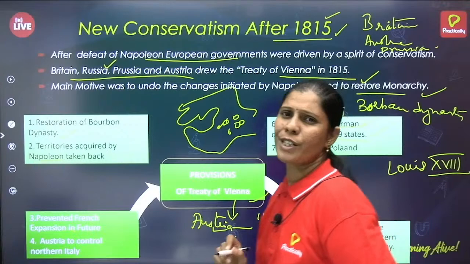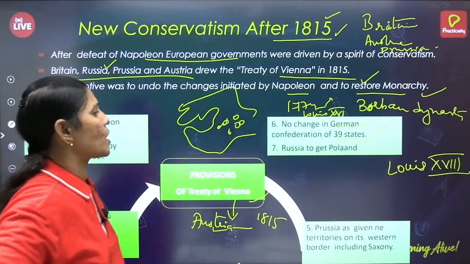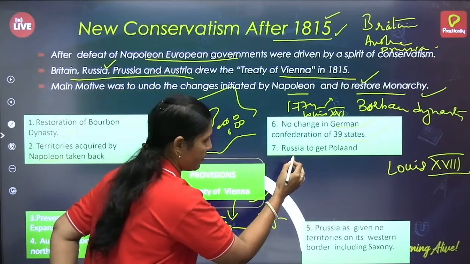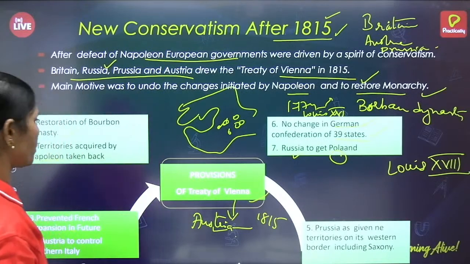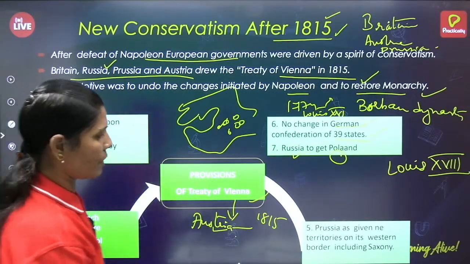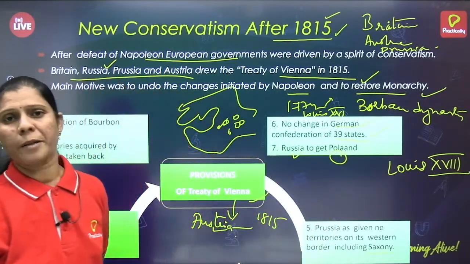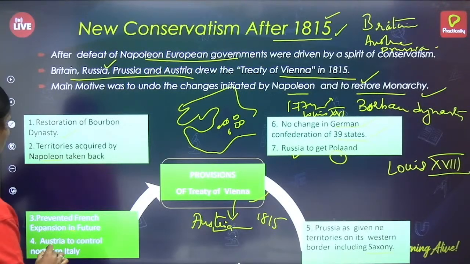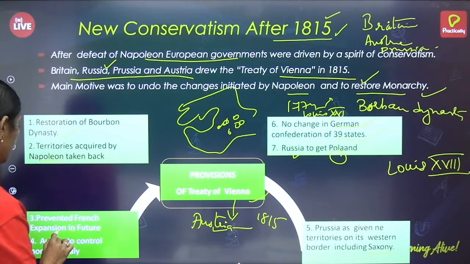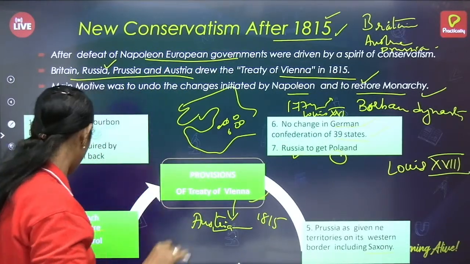Let us have a clear picture of the distributions also. First, Russia was given Poland. Prussia was given western territories, which is called Saxony, and France was not to extend; they made specified boundaries also.